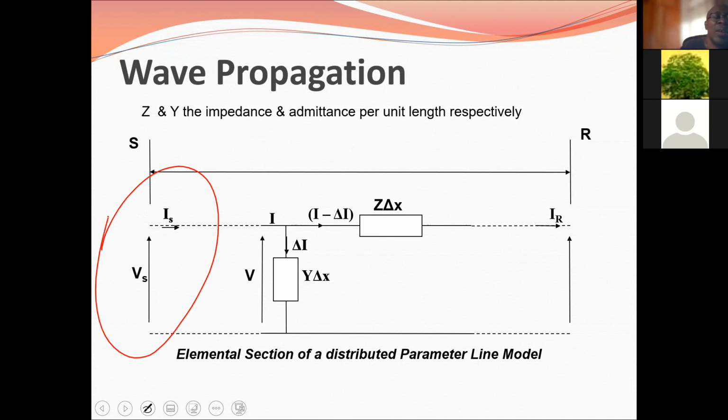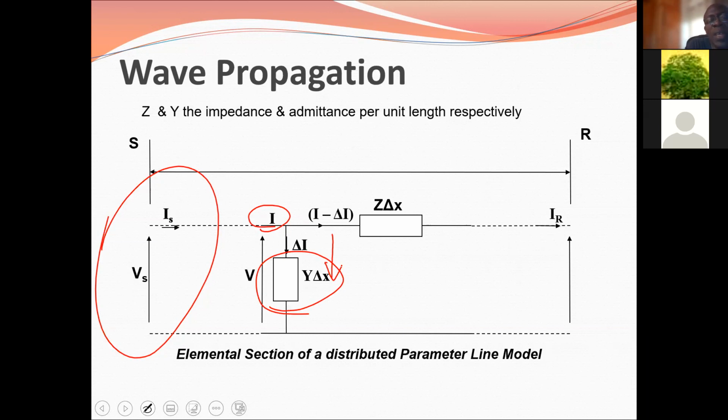All right? So we have here I, but with this parallel component, and we know about parallel circuits, I'm going to have a current flowing through that.